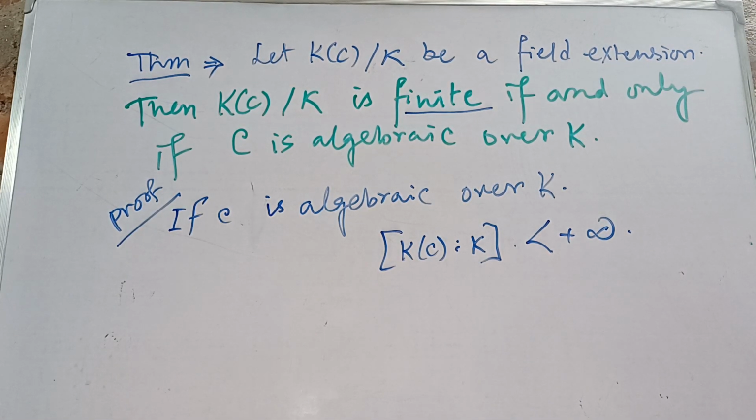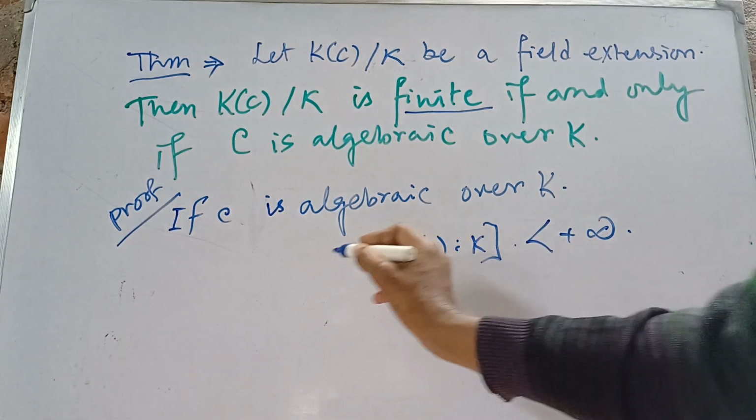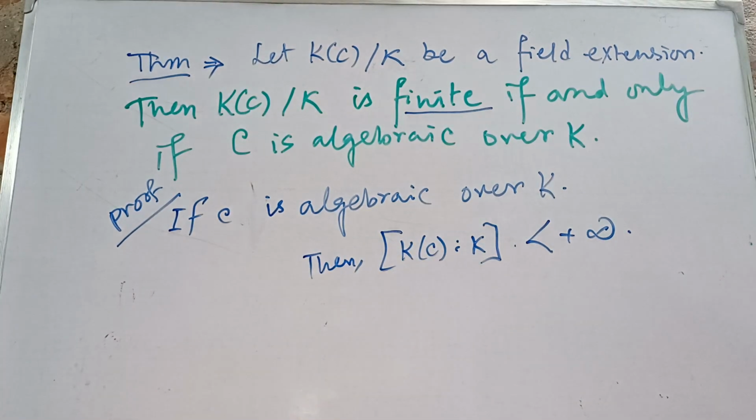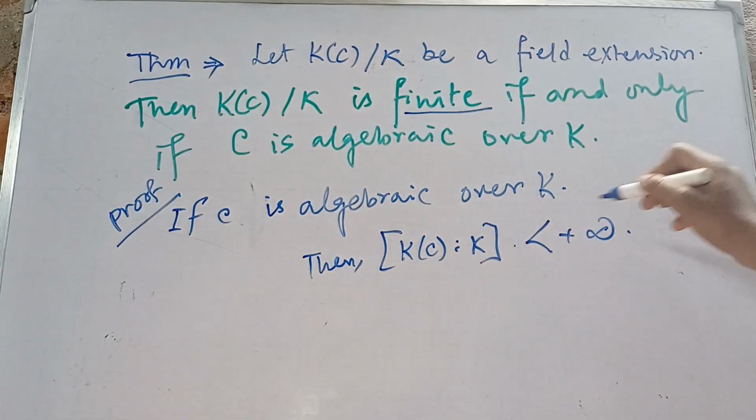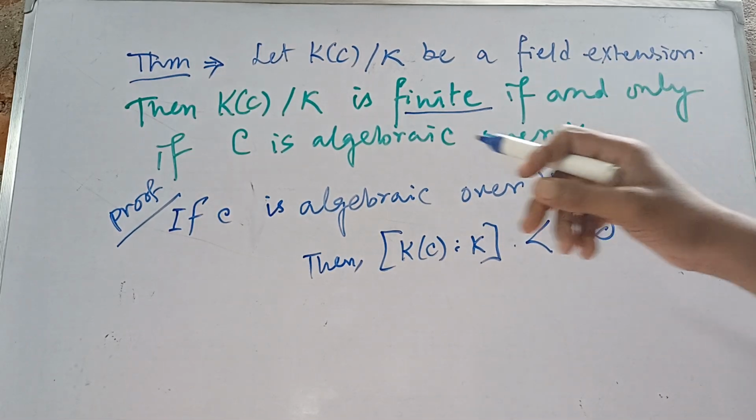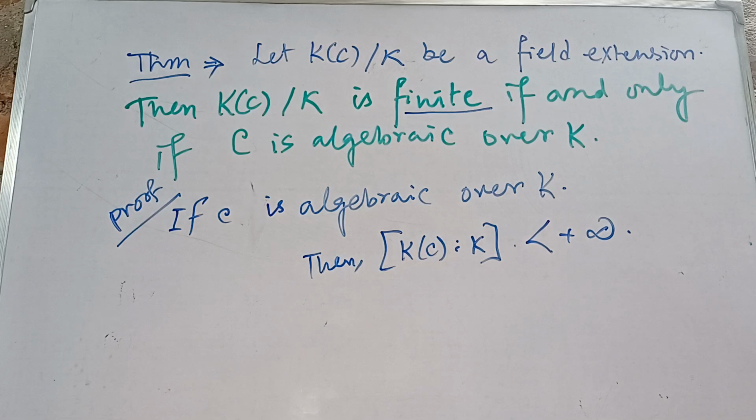That means if c is algebraic, then c is a root of some polynomial, and obviously the polynomial degree is finite, and then this happens. Not a problem at all. If c is a root of some polynomial of degree p, then this degree is p.